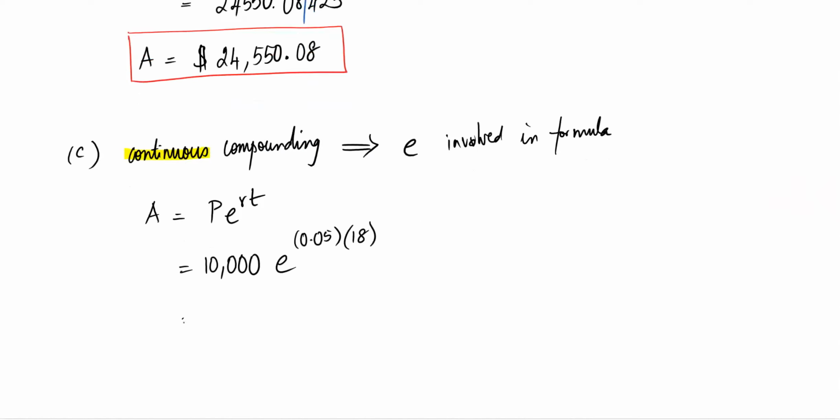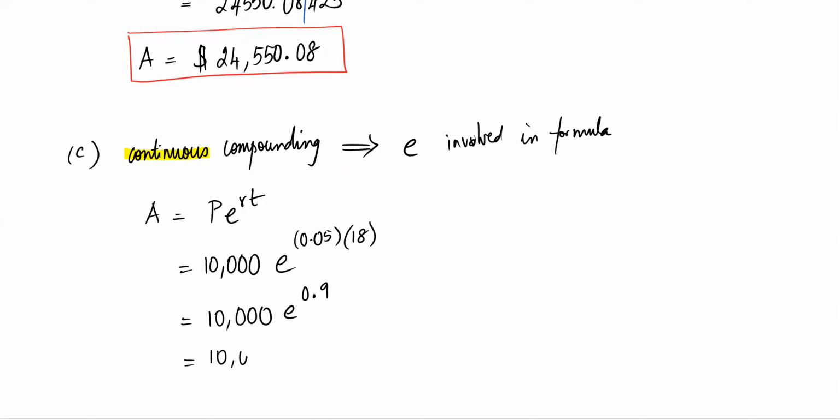Here again, tread cautiously. I'm going to show each part, what answer you get, so that when you are computing at your end, you can compare your answers with me. So when you multiply the powers, you get 0.9 for E. And then I'm using the E button in my calculator, and there is a box to enter the power. So I enter 0.9.